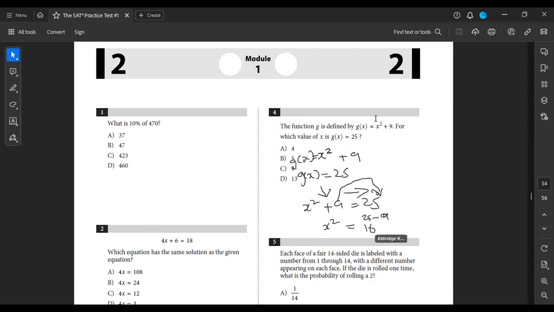So we have x squared is equal to 16, and we know the square root of 16 is plus or minus 4. But we only have positive 4 as a choice, so our answer is definitely A. I think that was Alden. Yeah, definitely correct.